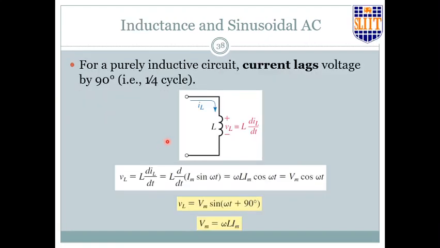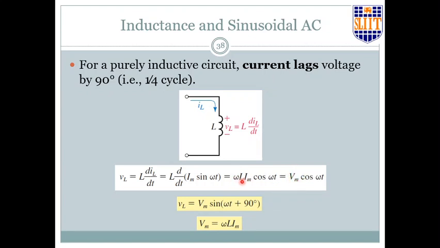When it comes to an inductor, we know that VL is equal to L dI by dt. So if we take I as Im sine omega t, you take the derivative, Im cos omega t into omega. So omega L Im, if we define this as Vm, all these are constants.